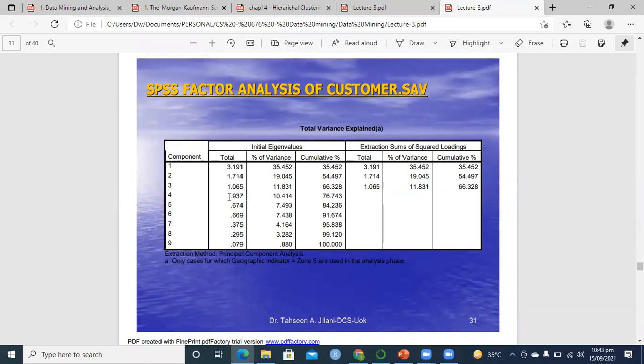The fourth eigenvalue is acceptable. For the cumulative, the first, 3.11191 divided by the sum of all these eigenvalues, gives me 35.45%. Then the second, 1.714 divided by the sum of the totals column, is 19.045. If I add them, 35.452, 54.497, and so on, if I just consider 4 eigenvalues, the variance explained is 76.7. It is not a very big number.